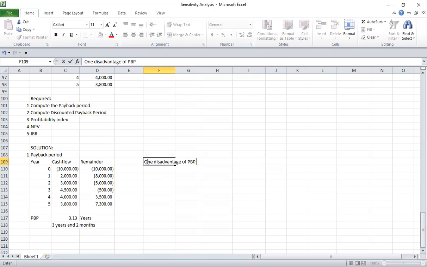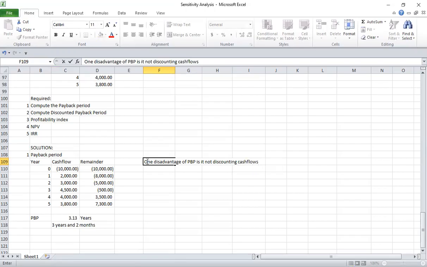One disadvantage of the payback period is it not discounting cash flows.